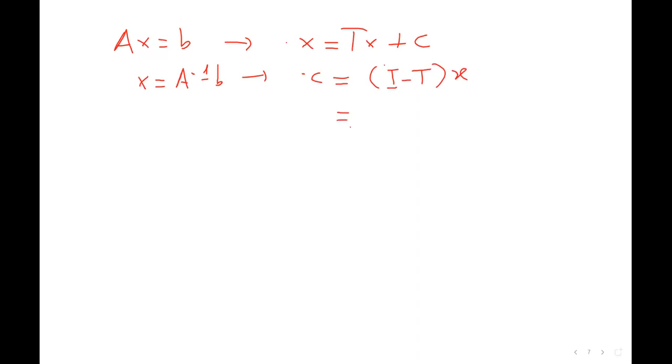And so c equal to I minus T of b. So it is this idea that we use to compute certain of the matrices that I'll talk about also later.